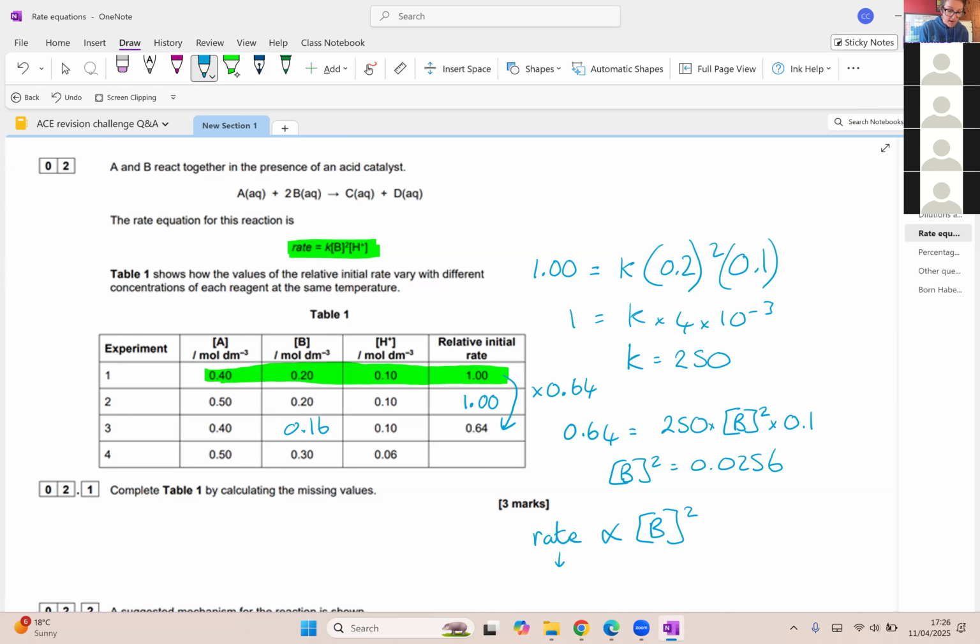So if I times the rate by 0.64, I must have timesed the concentration by the square root of 0.64, which is 0.8. 0.8 times 0.2 gives me the answer. I'll leave the other one blank.